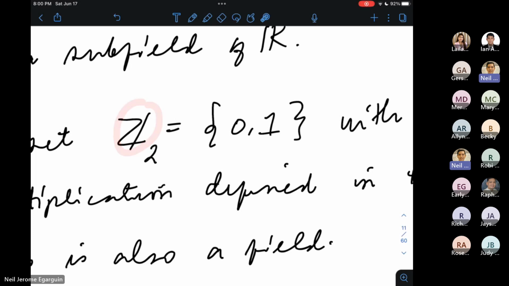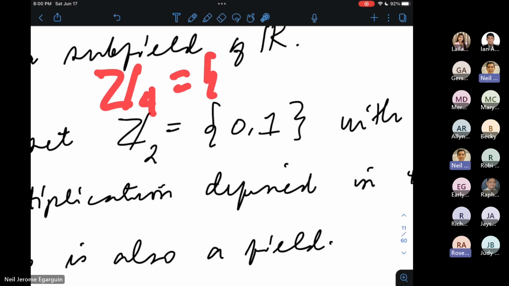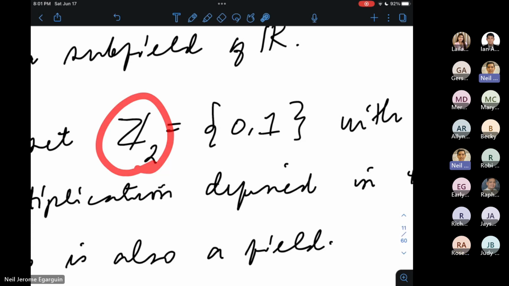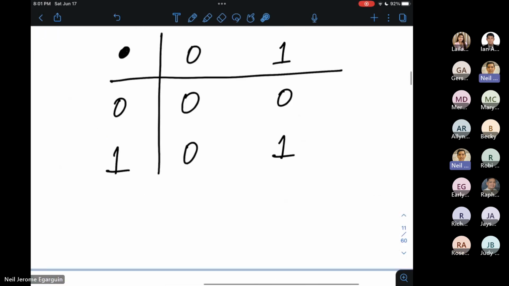So, para siya sa integers. Z sub 2, lahat ng mga integers na less than 2. Or dalawa lang yung laman niya starting from 0. So, 0 and 1. Alright, because later, tama Rose, magkakaroon ako ng Z4. Halimbawa, ito naman yung 0, 1, 2, 3. Okay. So, pero later pa natin i-define yung mga Z subscript. Hindi ko pa ito na-define, so you're good. Wala ka pa namang na-miss. Thank you po, sir.